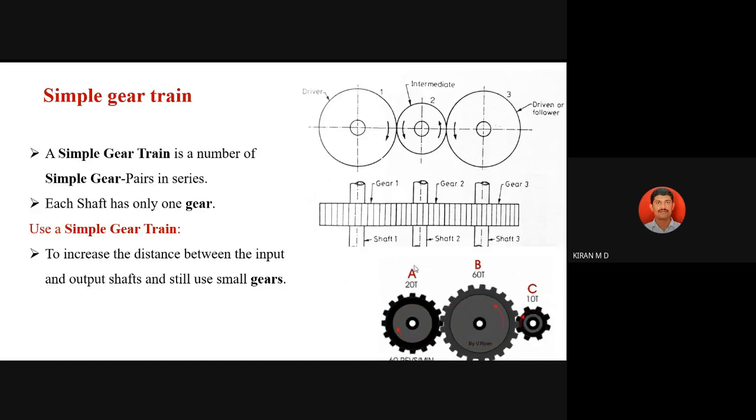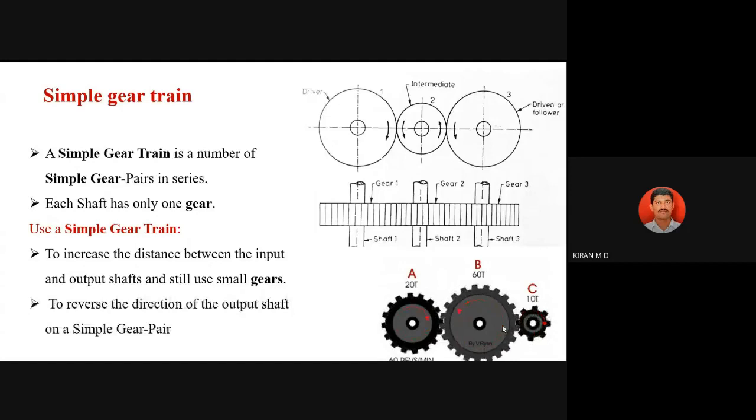Here it also consumes more space. In that condition we require a positive drive, which means we can't use a belt drive or chain drive. Another thing is that we don't have sufficient space above and below these A and C gears. In that condition, we introduce the intermediate gears.